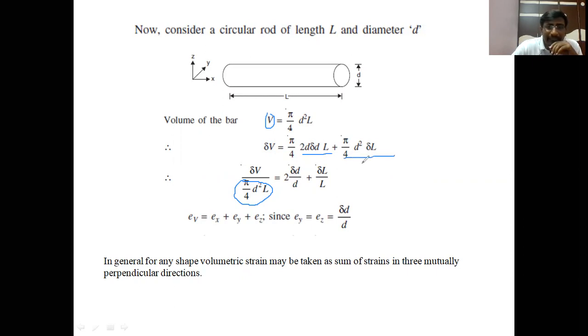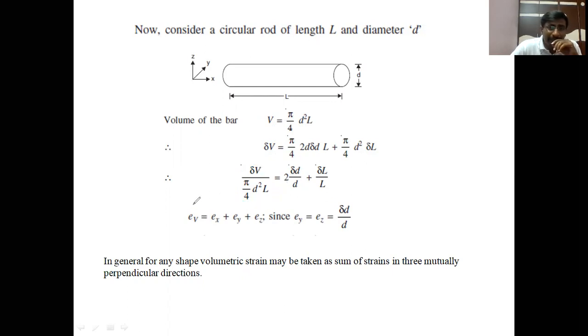Plus, if we divide by pi by 4 d square L, pi by 4 d square gets cancelled, and the remaining parameter here is L. Therefore, delta L by L. The equation becomes delta V by V equal to 2 into delta d by d plus delta L by L.